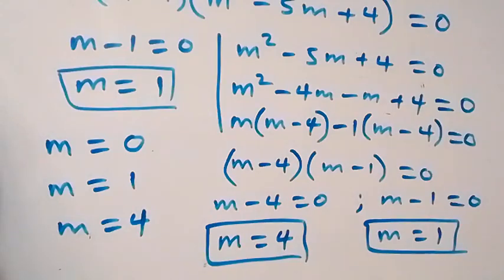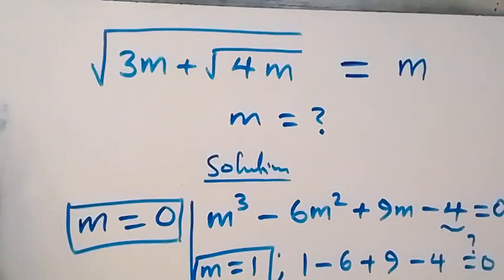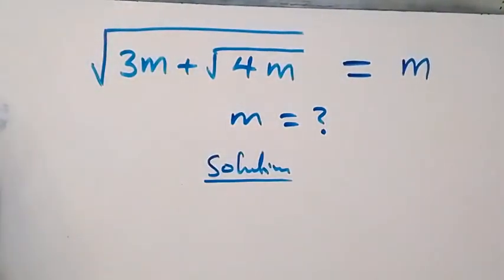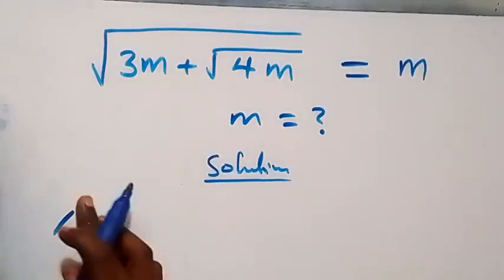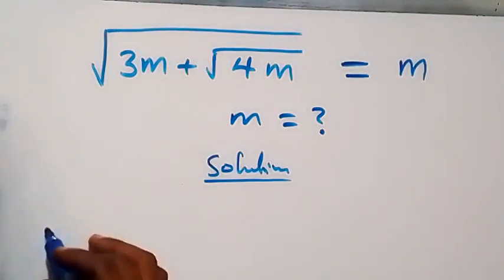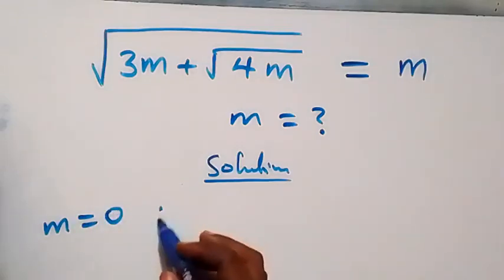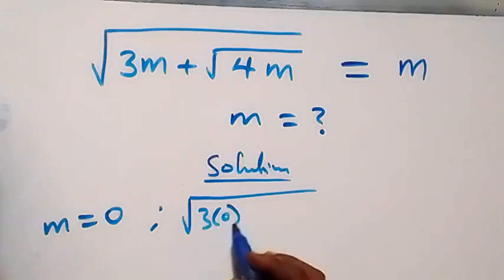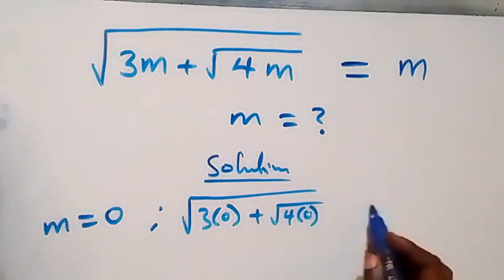Now to check which one satisfies the given problem, let's put it in the given equation. We can substitute the first one, which is m equals 0. I'm working with m, please. So for m equals 0, this equation becomes square root of 3 times 0 plus root 4 times 0 is equals to 0.